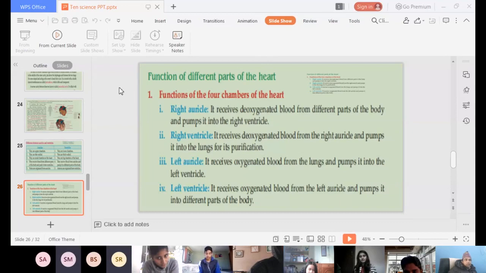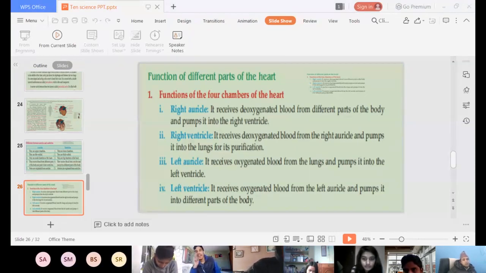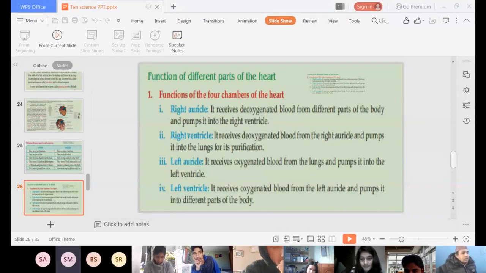Impure blood. And the left part possesses pure blood. So this must be kept in mind. These are the functions. Right auricle to receive the deoxygenated blood. Right ventricle to send the blood to the lungs for purification. Left auricle to receive the blood from the lungs and left ventricle to pump the blood into different parts of the body.